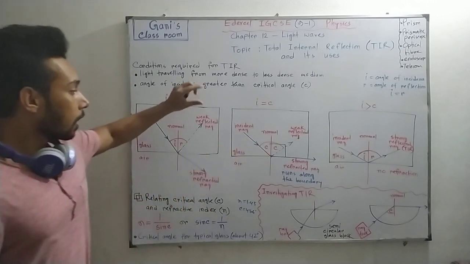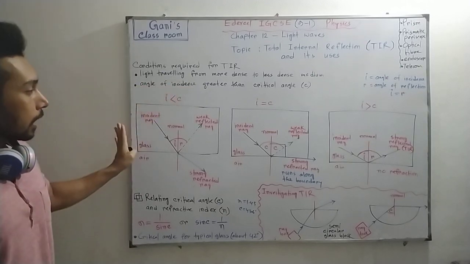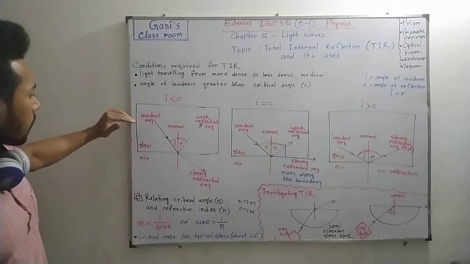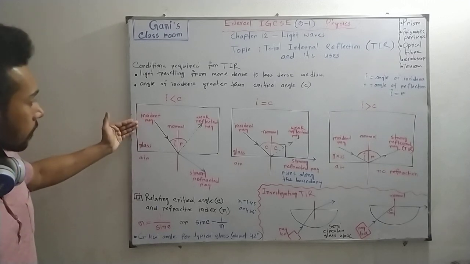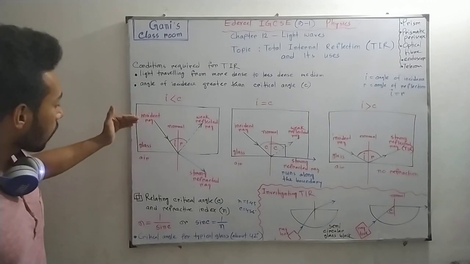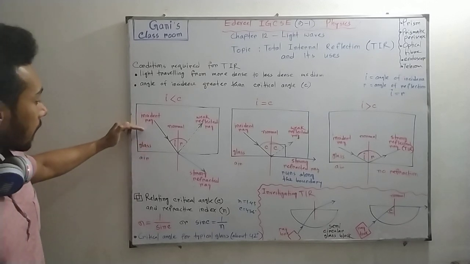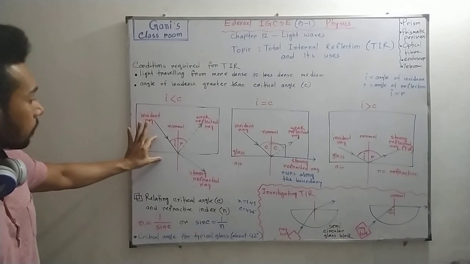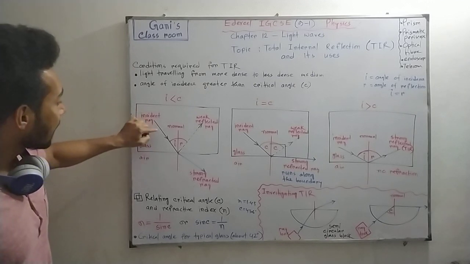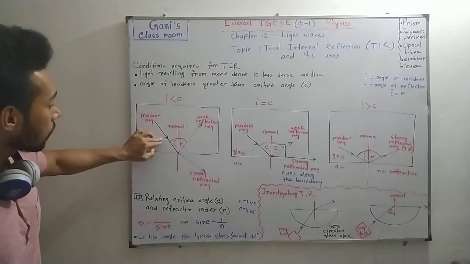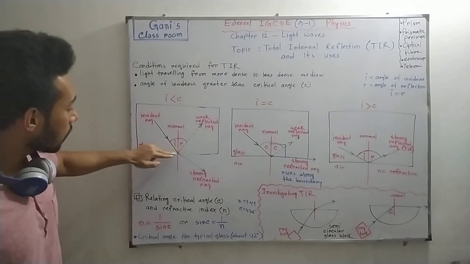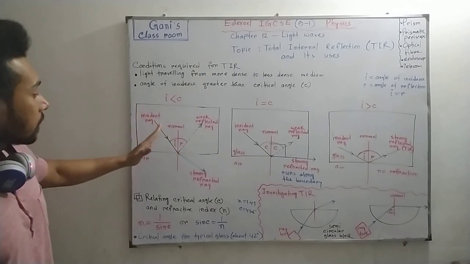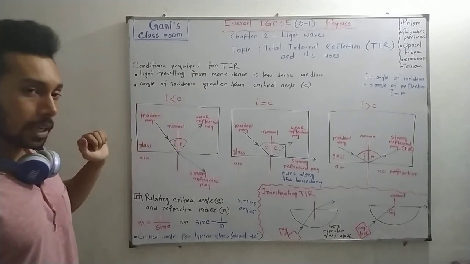Okay, if we look at these diagrams, we can see that in the first diagram, light is traveling from glass to air. Glass is an optically more dense medium than air, and in this diagram we can see that the incident ray is striking the boundary between the two media with an angle i, which is smaller than the critical angle.